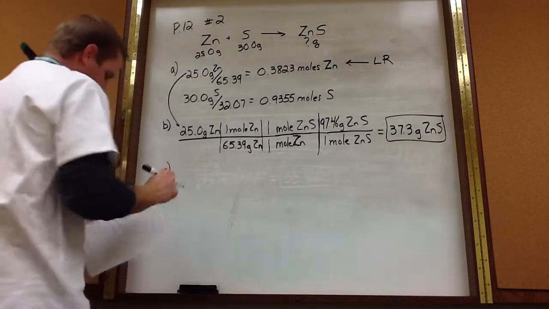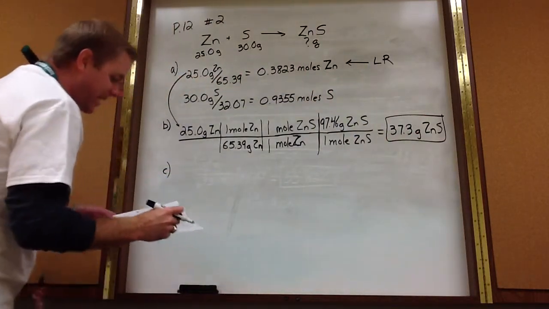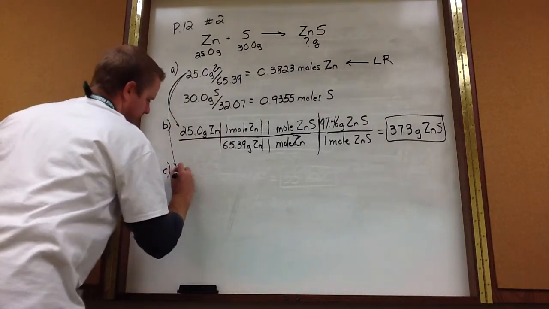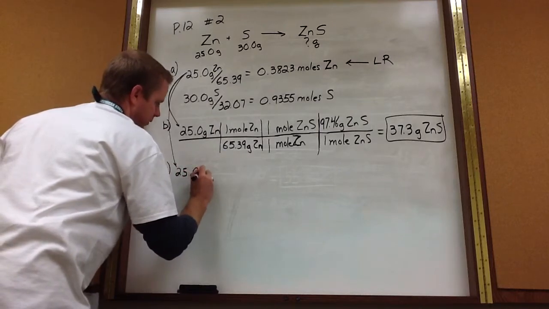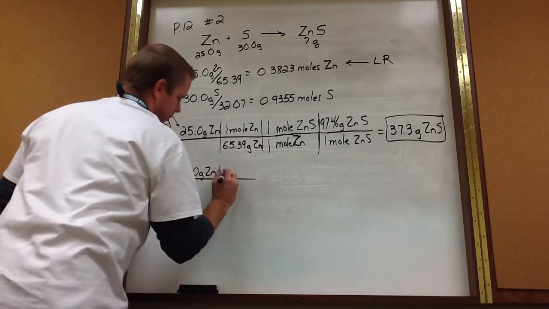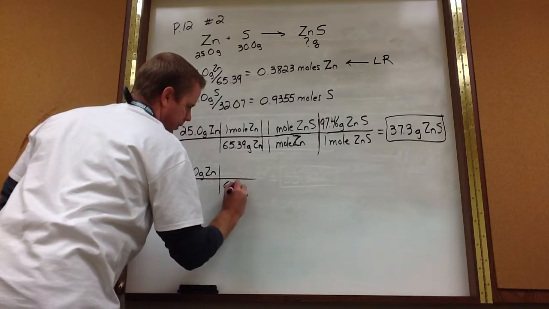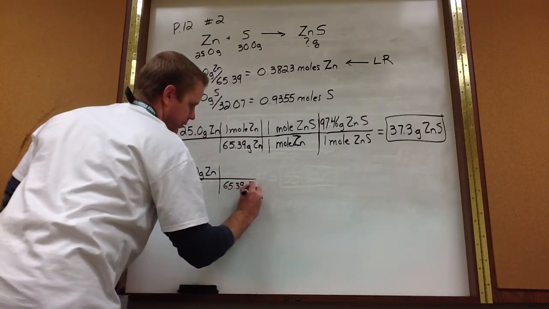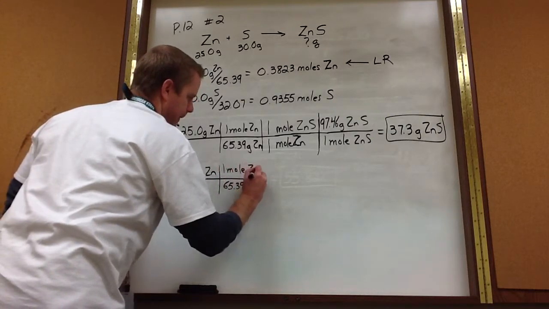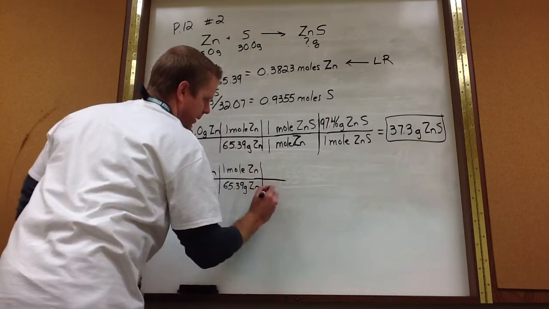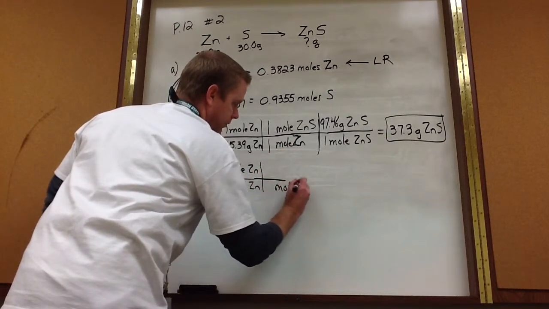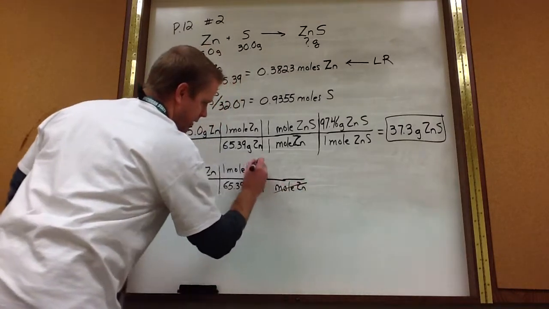Letter C says, okay, how much of the excess will there be? Well, again, we always start with the limiting reagent. So it's 25.0 grams of zinc, right? Then from there, we know there's 65.39 grams of zinc. Notice we're doing the exact same thing we did in the last problem. We're going to keep doing the same thing until we get to the mole ratio. This one we want to compare moles of zinc, so that we can cancel here.